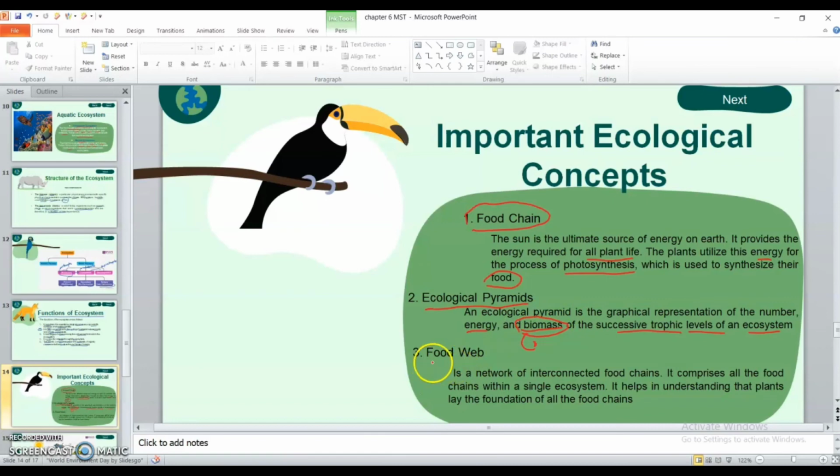That is biomass. The next is the food web. It is a network of interconnected food chains. It comprises all the food chains within a single ecosystem. It helps in understanding that plants lay the foundation of all food chains. So that is the main important ecological concept.